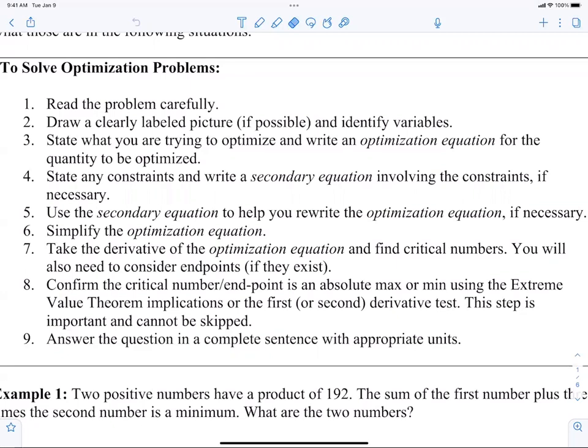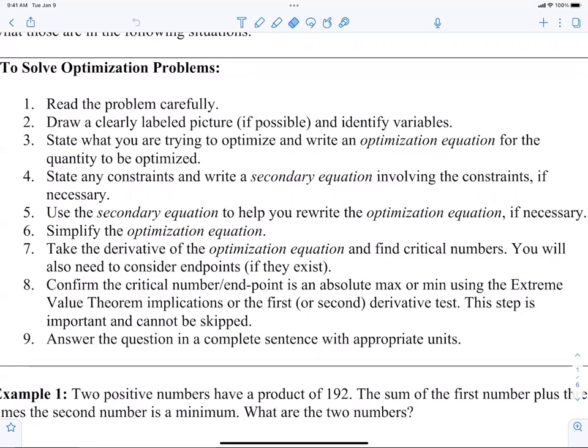The issue is that your optimization equation might have multiple variables in it. So you don't know how to differentiate that. You will sometimes need to come up with a secondary equation, an equation that you can come up with from the given information, and use that secondary equation to rewrite your optimization equation in a single variable.